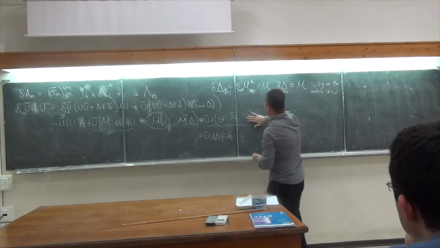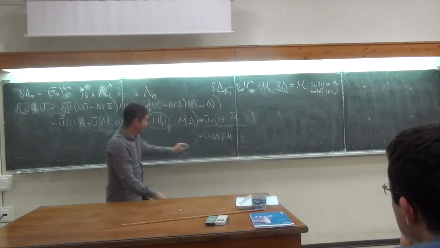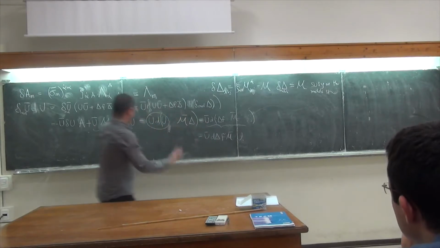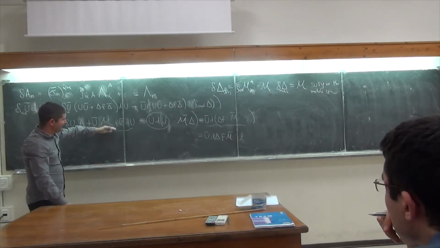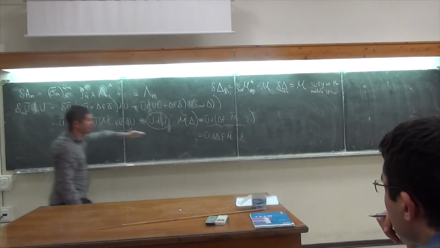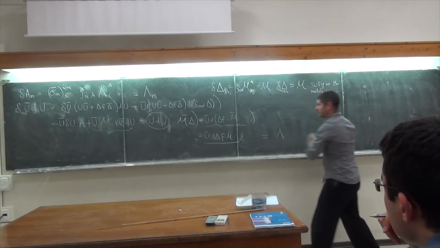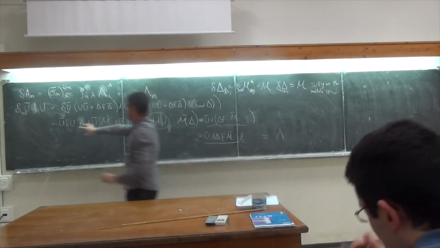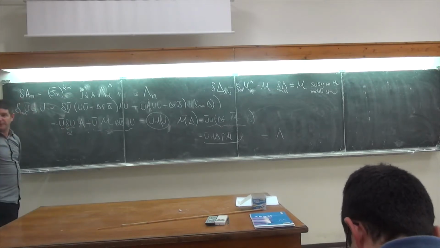Sorry, here there was no delta. Okay, now I'm making a mess. Yes, here there was U. What I wanted to say is that in the computation you find that this together with that give lambda. This term, let's call this quantity alpha.